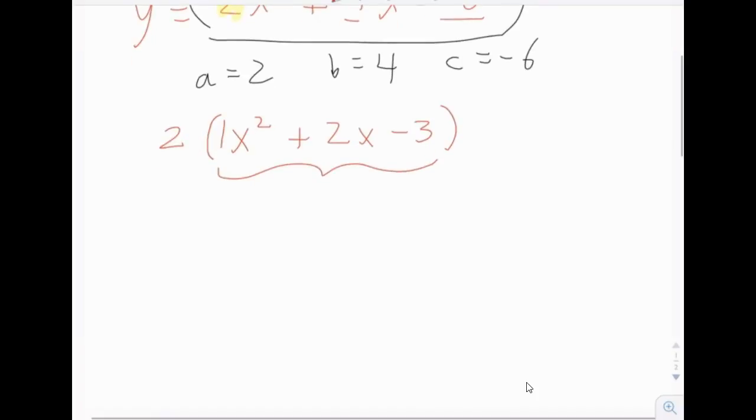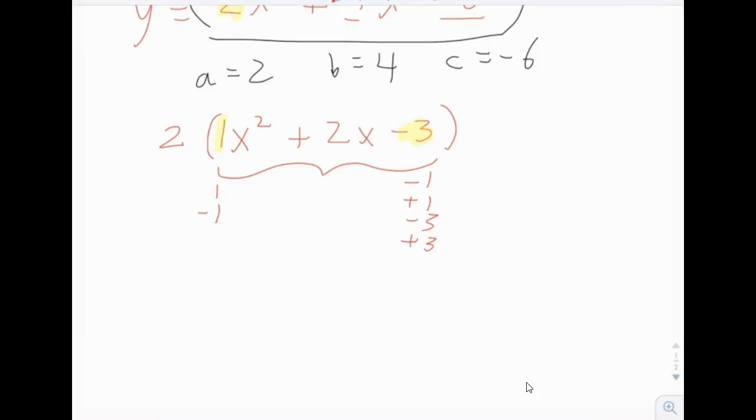So how do you factor? Well, you list out all the possible integer factors for 1 and for negative 3. Let's see, for 1, there's negative 1, there's positive 1, and for negative 3, there's negative 3, there's positive 3.